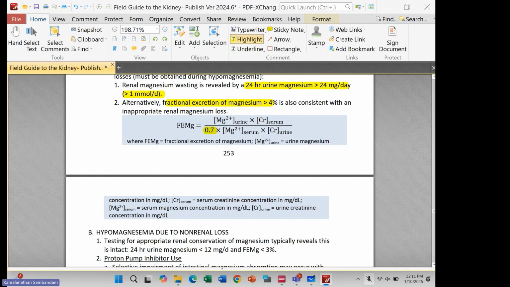Technically you can also have a similar correction factor when you're calculating fractional excretion of calcium. Some people calculate FE calcium with a correction factor for the amount that is free.